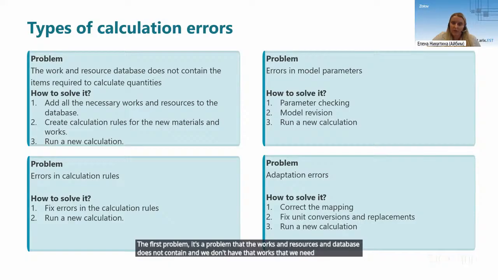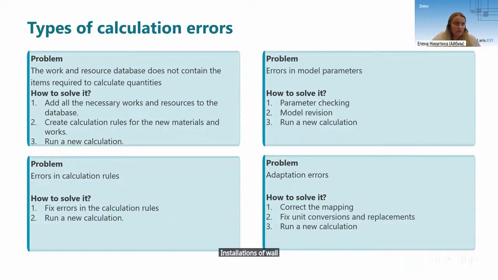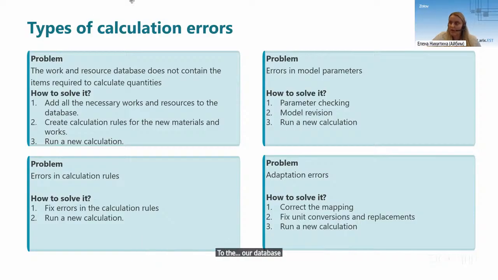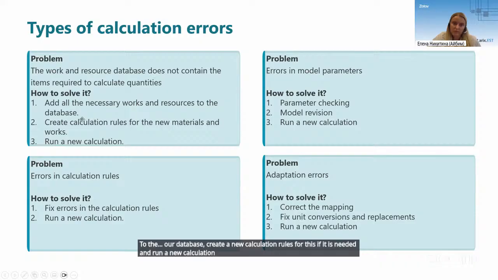For example, we can have installations of walls with a thickness of 300 millimeters, but we don't have 500 millimeters. What we need to do is add this work or material to our database, create new calculation rules for this if needed, and run a new calculation so we will have the right result.